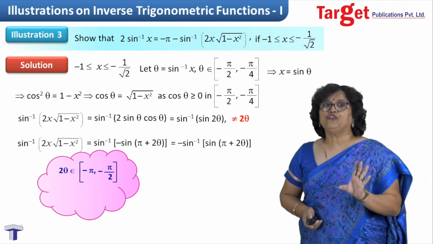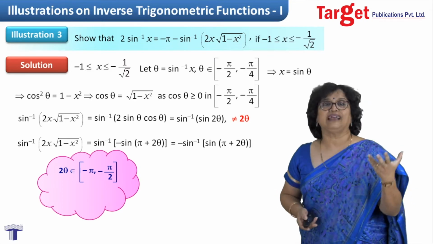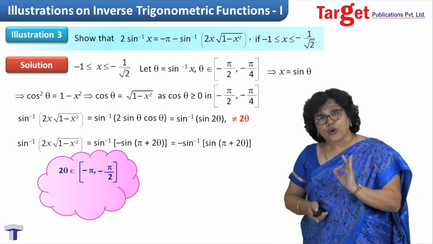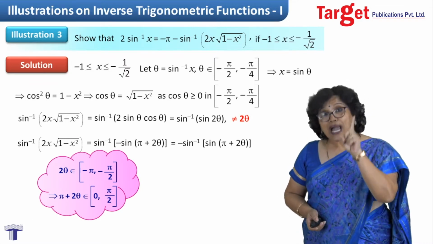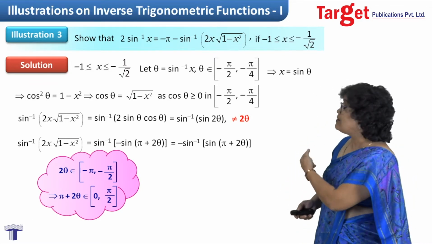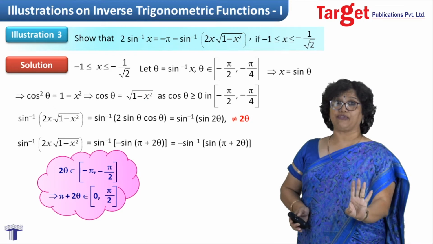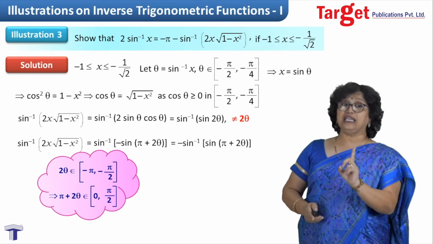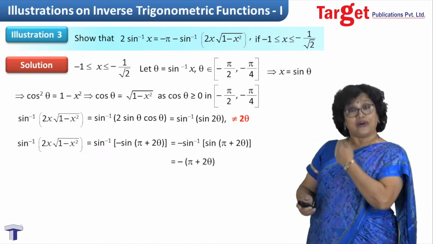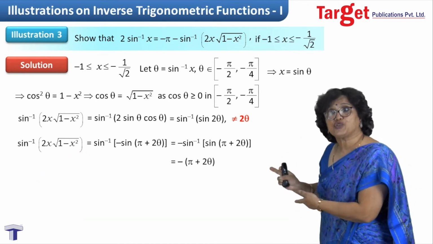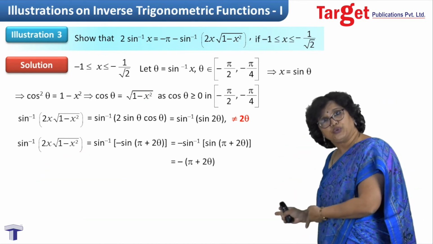Now, many of you would think immediately that, okay, I will write it as pi plus 2 theta. But before doing that, check where pi plus 2 theta lies. Now, pi plus 2 theta lies in the interval 0 to pi by 2. So, you are safe. You can write sine inverse of sine of pi plus 2 theta as pi plus 2 theta. And hence, further simplification leads to minus of pi plus 2 theta.